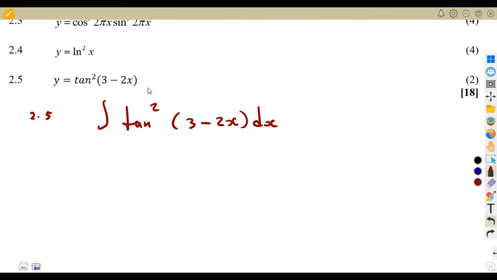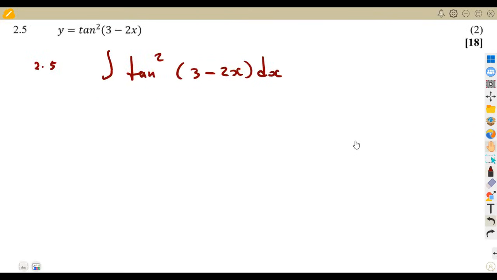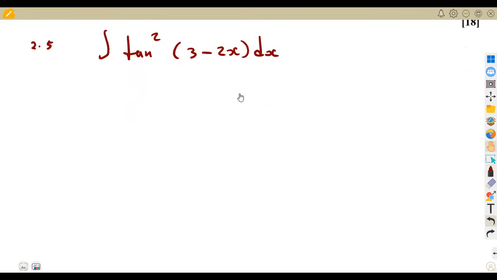So you can choose here. There are two ways that you can choose to work with. A tan can be integrated direct from our formula sheet. We have that condition, but it is a condition now. Let me write it down for you. It is a condition when it is a tan squared ax.